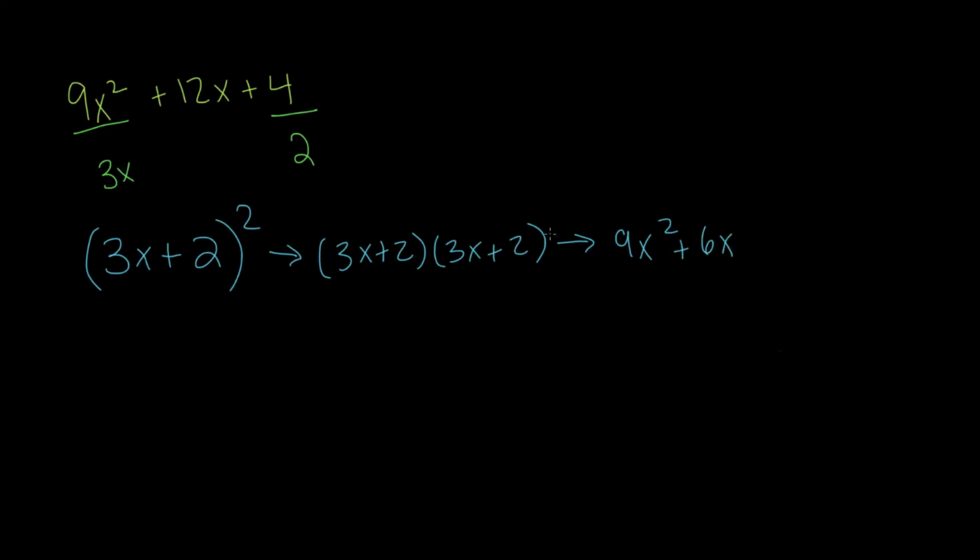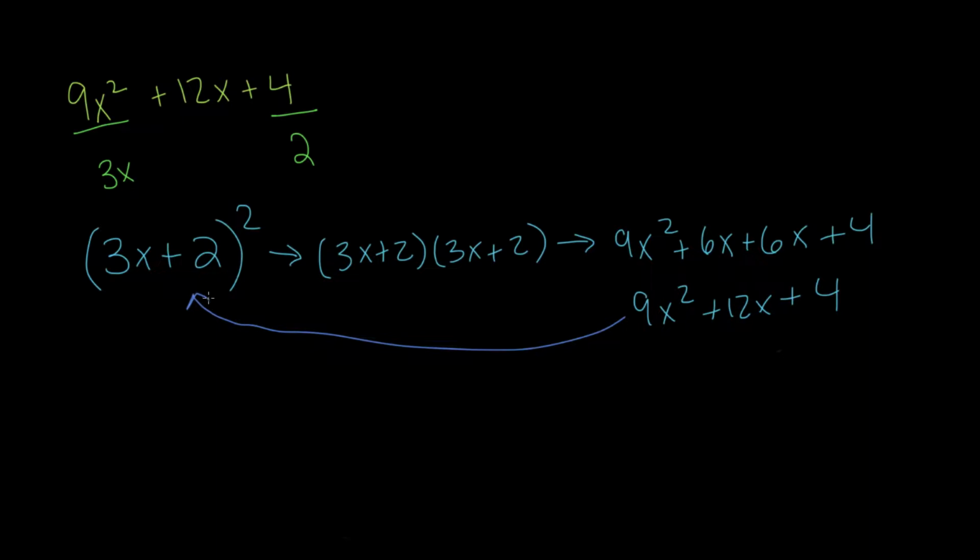And then 2 times 3x gives us plus 6x. And then 2 times 2 gives us 4. And when we combine these, we get 9x squared plus 12x plus 4. And that is the same thing as this. So 3x plus 2 squared is our final answer.